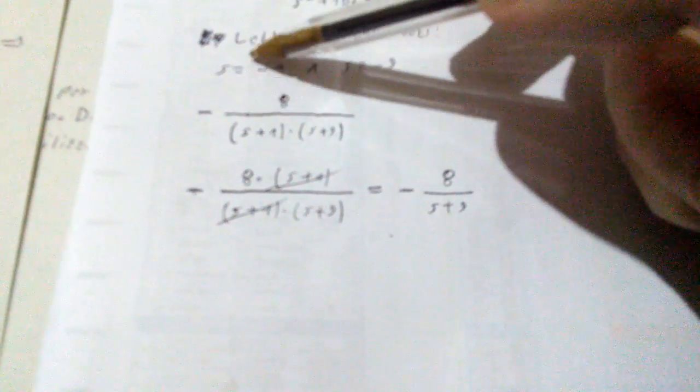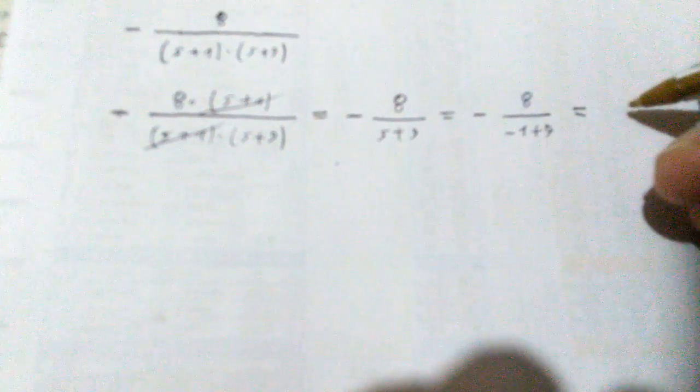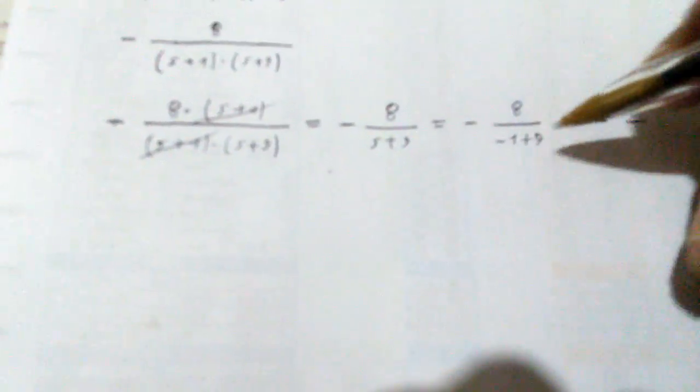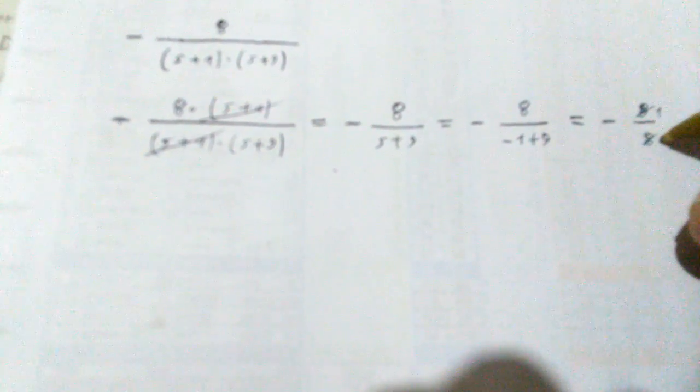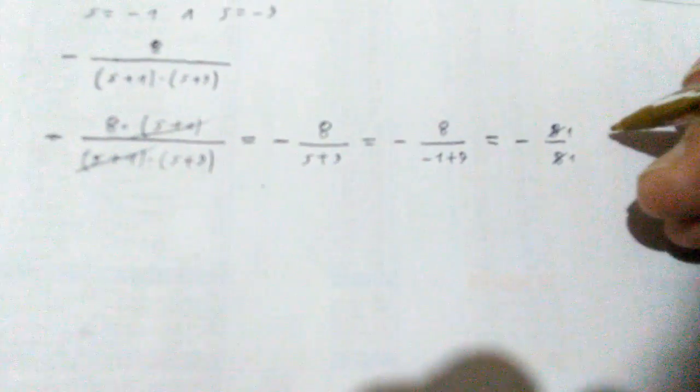Now we substitute s here with the first root that we have found, -1. So we get -8 over -1 plus 9, which is negative 8 over 8, since -1 plus 9 is 8. Those cancel out, it's 1 over 1, so it's negative 1.